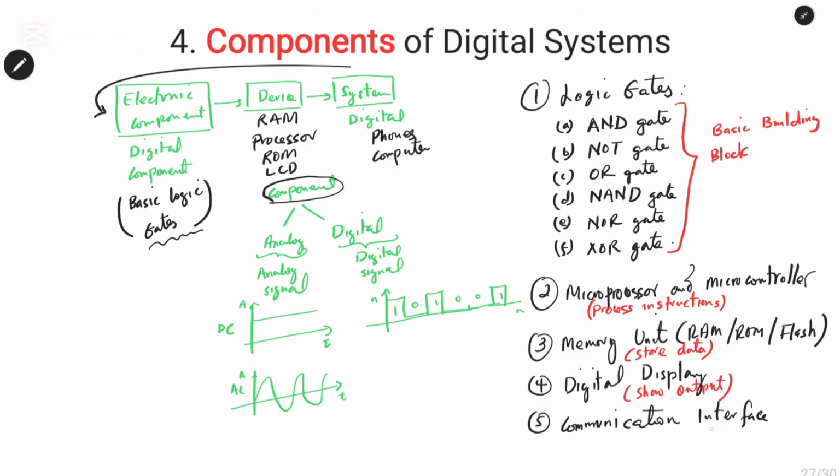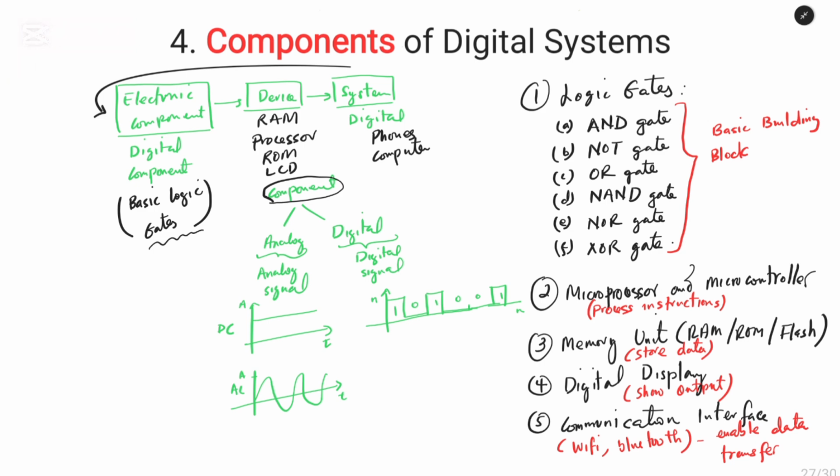And when we talk about the communication interface, such as we have the Wi-Fi, the Bluetooth, they all can be regarded as a communication interface. They enable the data transfer from one system to another system.